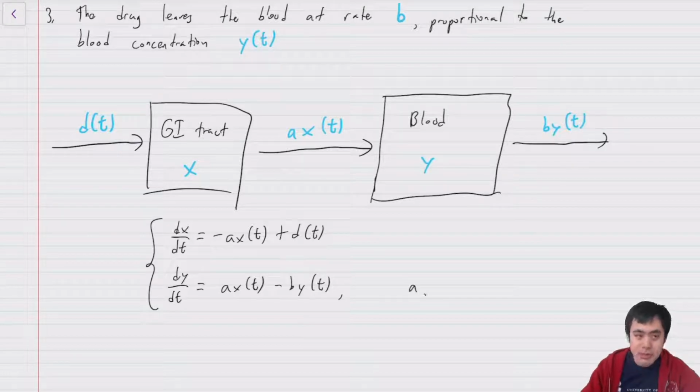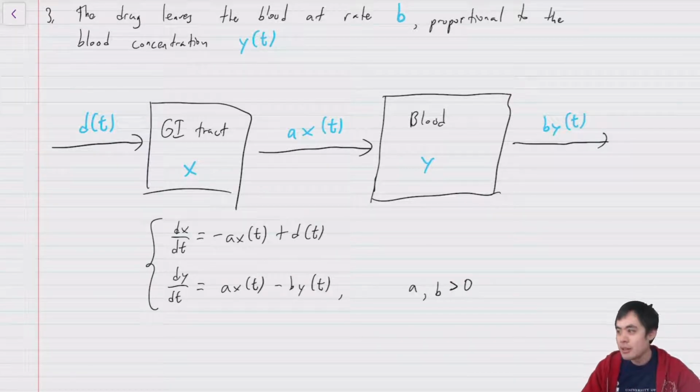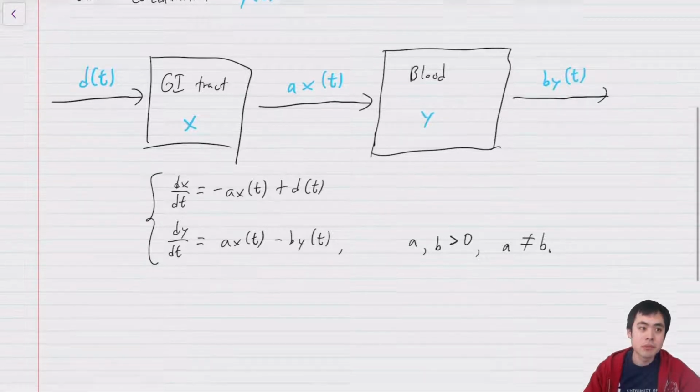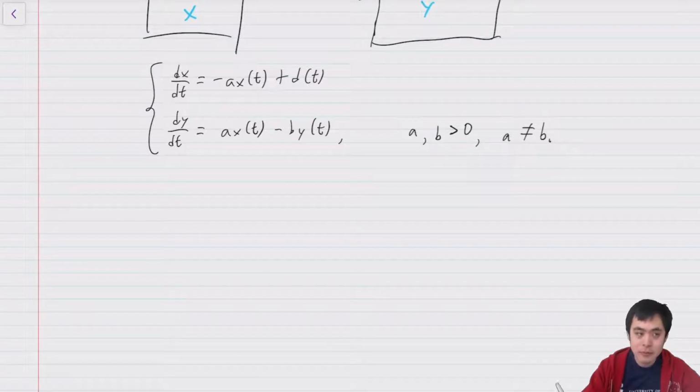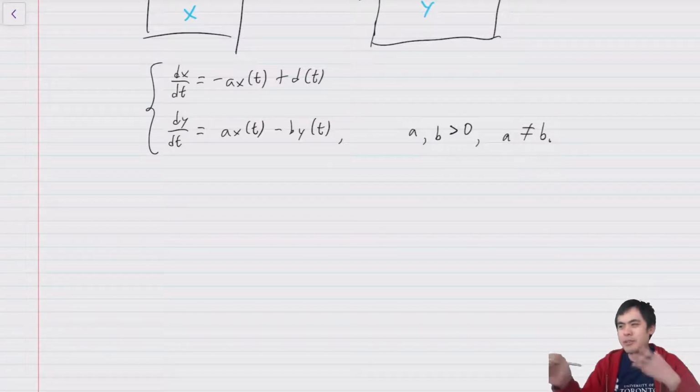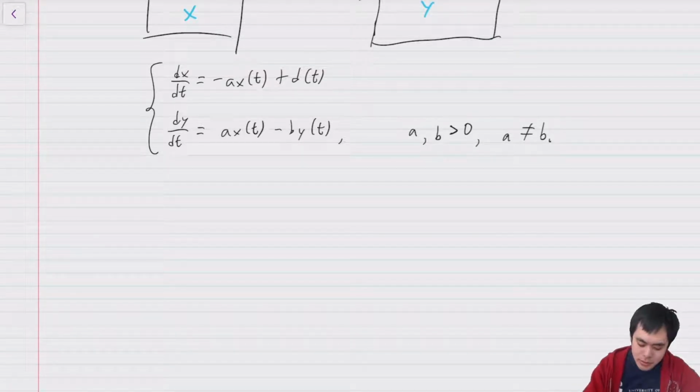And for the purposes of this analysis, let's assume that both a and b are greater than 0, since they're some proportion, and a is not equal to b. This just makes some of our analysis a little bit easier in a moment, because if they're equal, it turns out they have equal eigenvalues, and that makes life complicated sometimes. So we can also write this in matrix form.